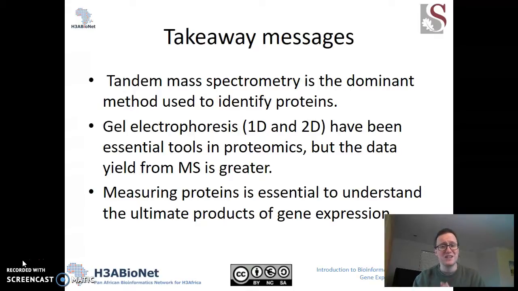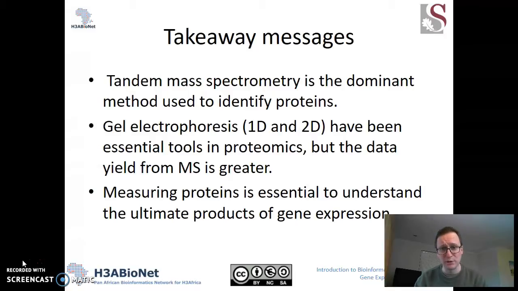Gel electrophoresis has been essential in proteomics, but I have to say that the amount of data we yield in a typical proteomics experiment with mass spectrometry is much, much greater. And so we see that there's kind of this balance that people are shifting away from the easy use of gels to the more complex use of mass spectrometers. But certainly the analysis can be quite a lot more difficult.